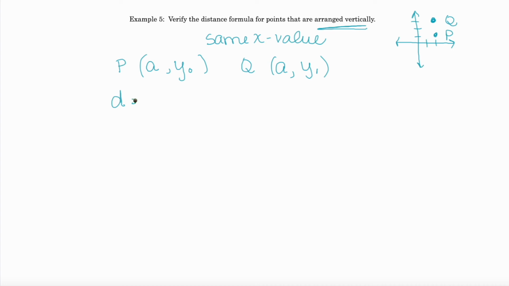The distance formula is the square root of the difference in our x values, so A minus A squared, plus the difference in our y values, y sub 1 minus y sub 0 squared. Well, notice what happens here. A minus A just becomes 0.